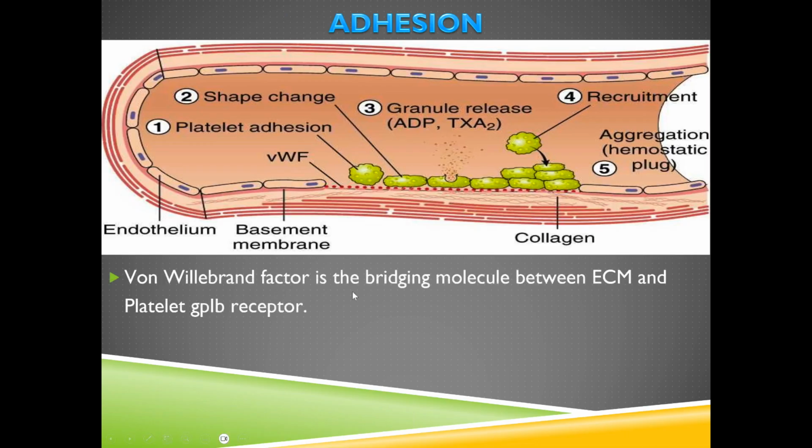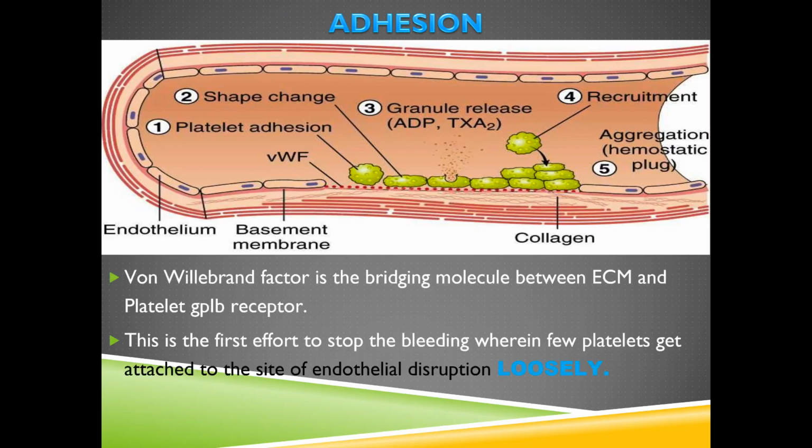Von Willebrand factor is a bridging molecule between extracellular matrix and platelet GP1 receptor. This is the first effort to stop the bleeding. But the platelets attaching to the endothelium here are very loosely attached. It is not very strongly bound. This is known as the primary plug or primary hemostasis.